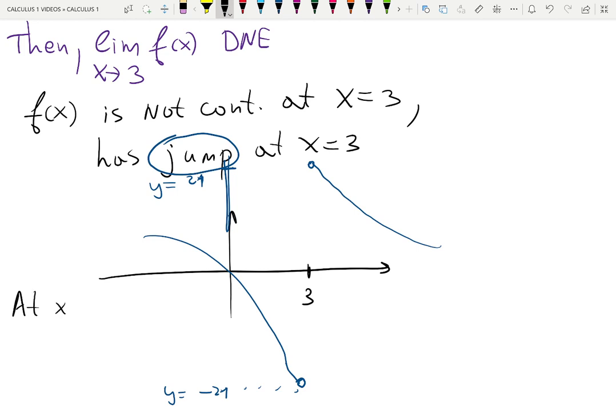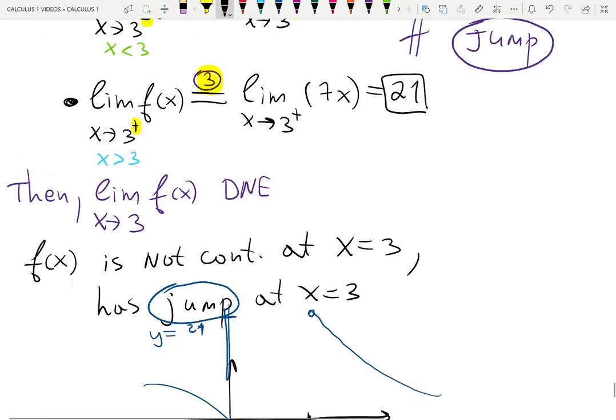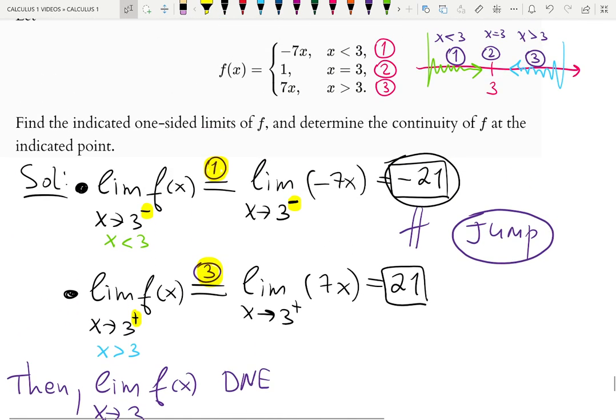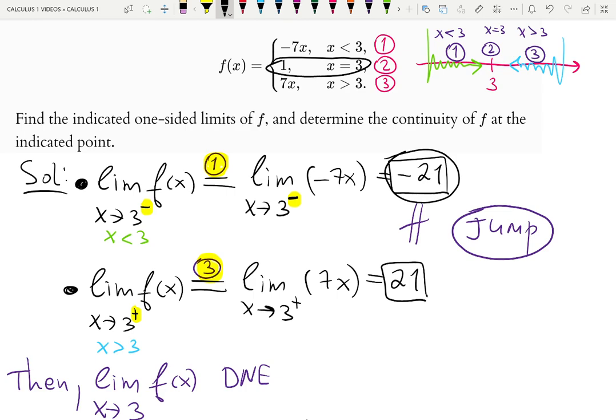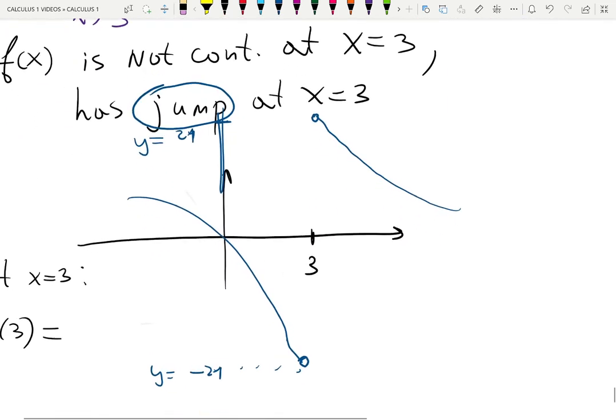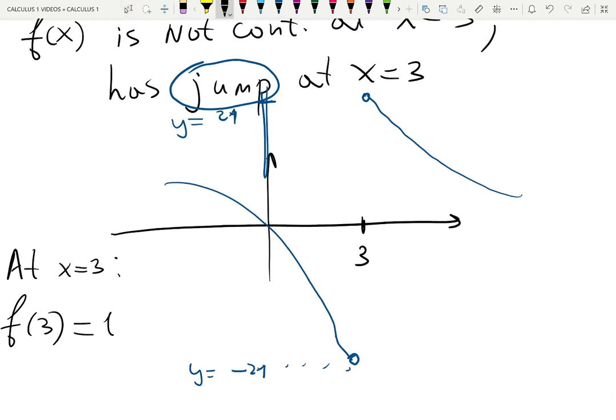I wonder what is happening at 3. At x equals to 3, f at 3 is doing what? Let's go back and look at the equations. At 3, it actually equals to 1. Very interesting. That means that both points, so let me write down, it is 1.